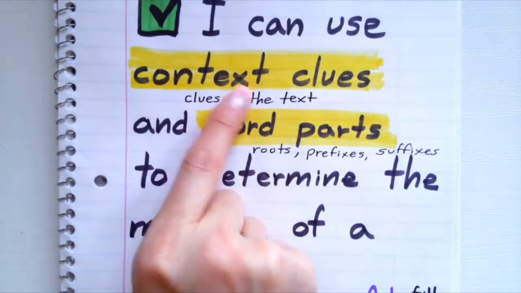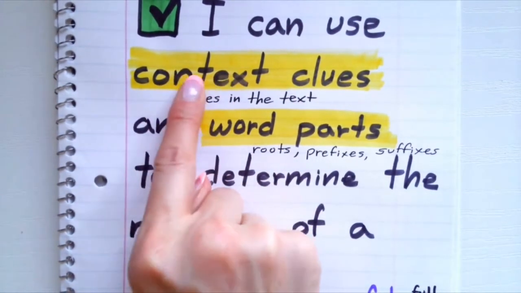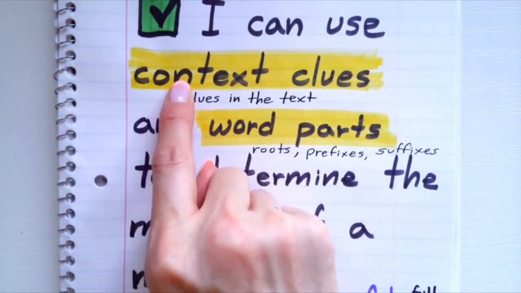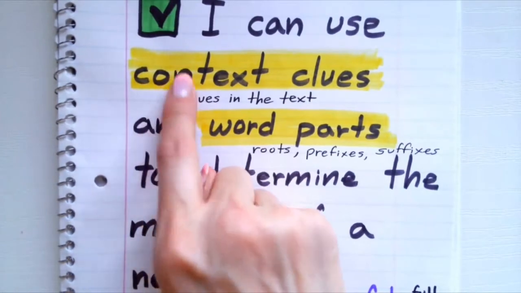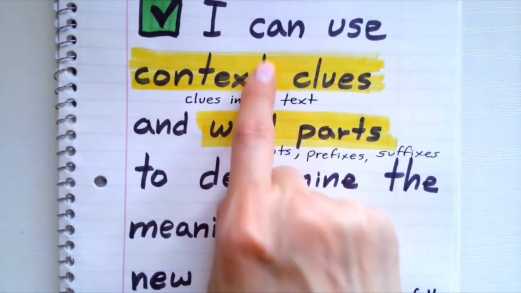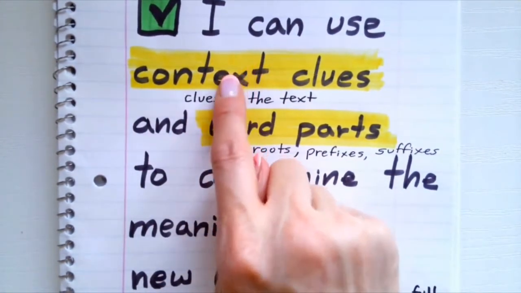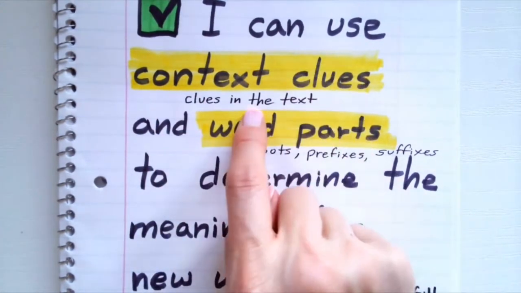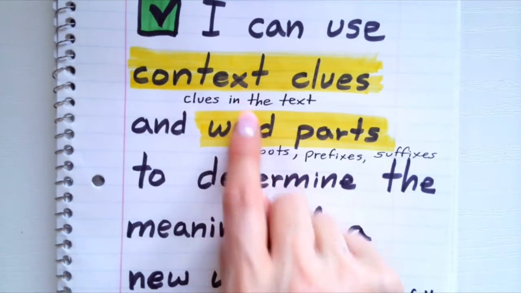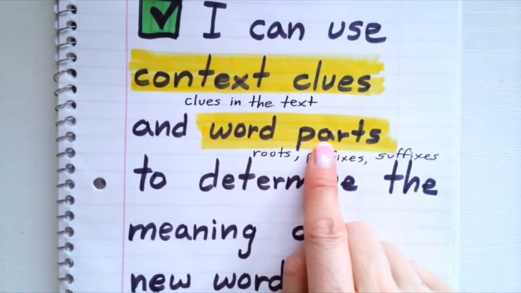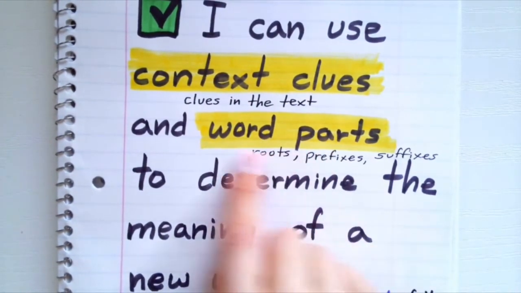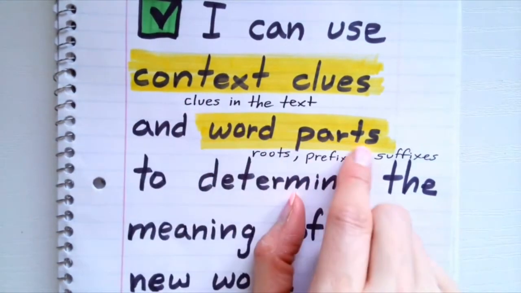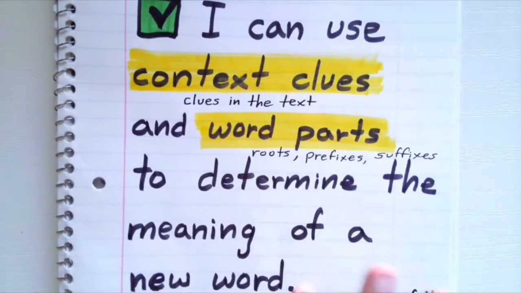The word context has two roots, actually a root and a prefix. Con means within or inside. Text means the words that you're reading. So inside the words that you're reading are clues that tell you what the other words mean. And we look at word parts. Roots, like text, and prefixes, like con, and suffixes, which are parts that go on the end of the word.